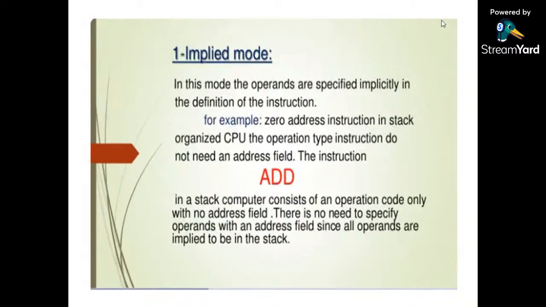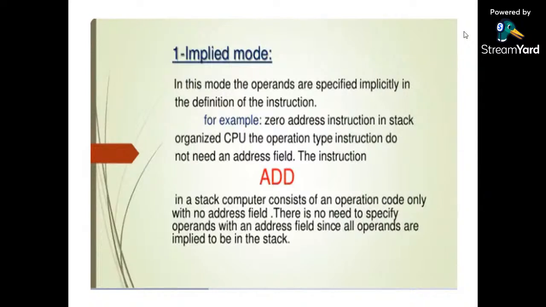First is implied addressing mode. What do we mean by implied addressing mode? In this mode, operands are specified implicitly in the definition of the instruction. For example, zero address instruction in a stack organized CPU. The operation type instruction does not need an address field. The instruction is add.